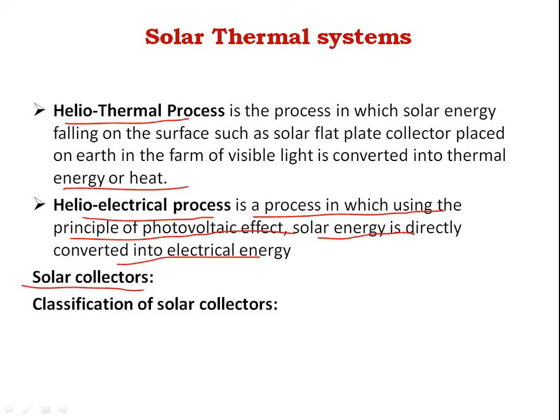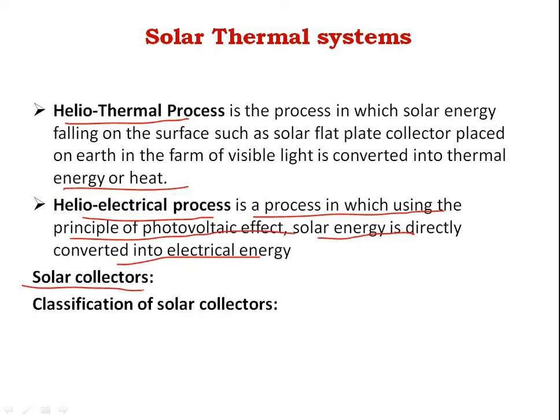Listen carefully once again, I'll repeat. A solar collector is a device for collecting solar radiation and then transferring the absorbed energy to a fluid passing through it. A solar collector absorbs solar energy in the form of heat and simultaneously transfers this heat to a fluid so that the heat can be transported by the fluid.